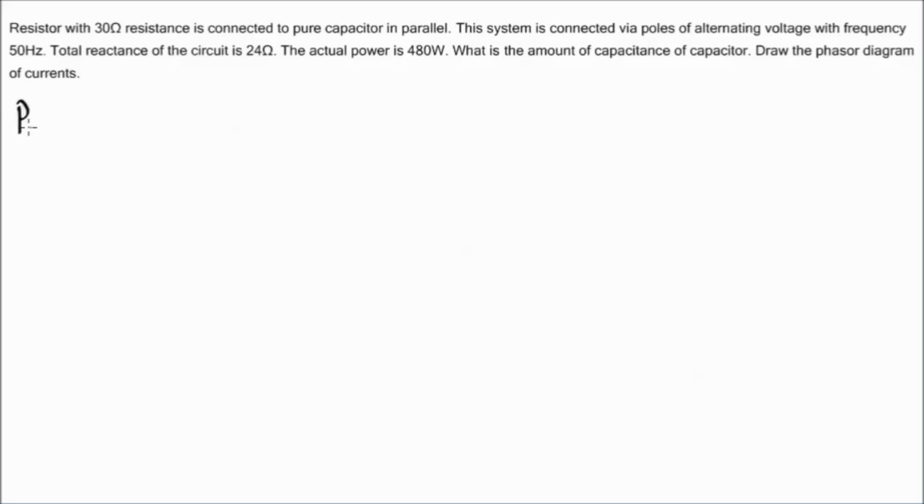I have to use the real power formula: P real equals I squared times R. So I squared times R, which is 30, equals 480. When they cancel each other, it will be 16. I squared will equal 16. So IR is going to be 4 ampere.